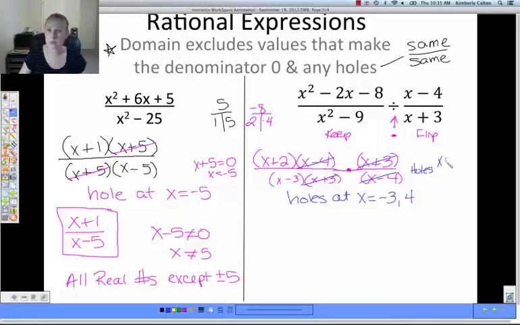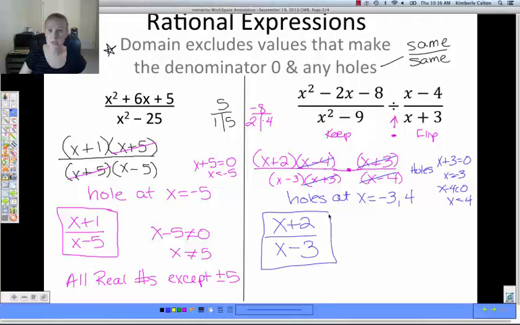Again, remember that we would have to set both of those equal to 0 and solve and get x equals negative 3, and x minus 4 would give me x equals 4. So now we have our holes, and we can finish simplifying our problem. So we have x plus 2 over x minus 3 as our final simplified answer.